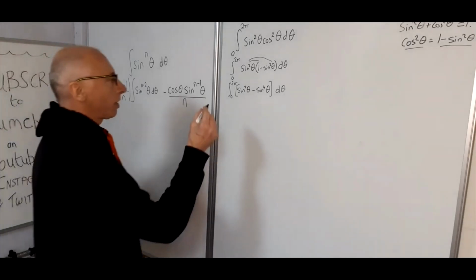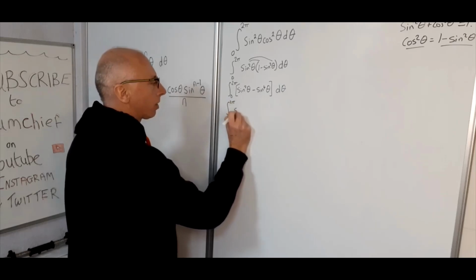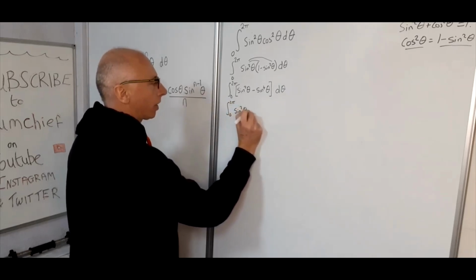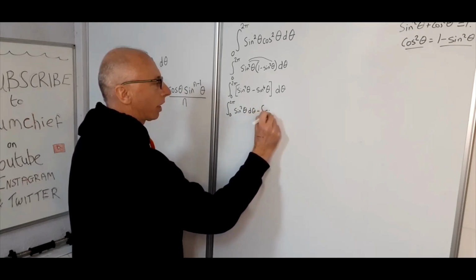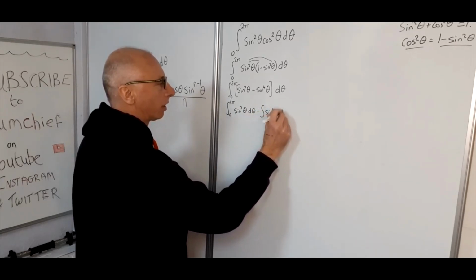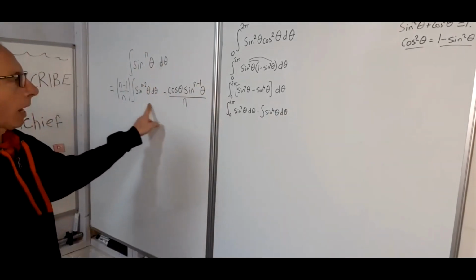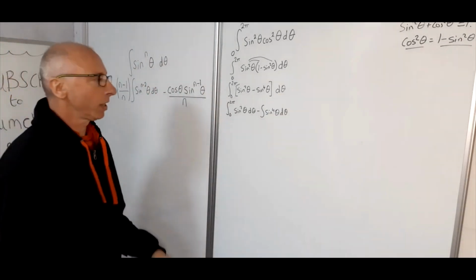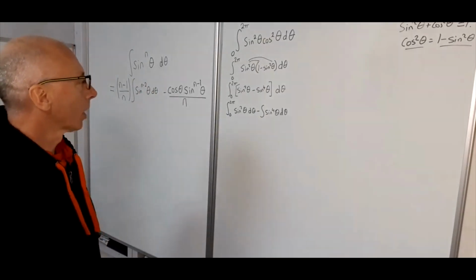So we can rewrite this integral from 0 to 2 pi sine squared theta d theta minus the integral of sine to the 4 theta d theta, and then apply the power reduction formula to each one of these integrals and then subtract this one from this one.